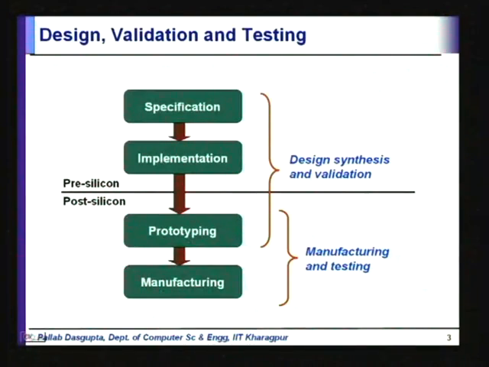All right. Now, this prototyping step is there for a multitude of reasons. One of them being that all the verification that you do pre-silicon has to be done through simulation or symbolic methods, and they are computationally expensive.